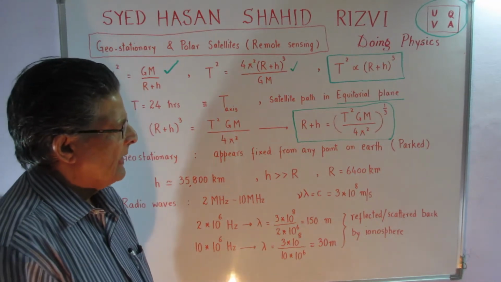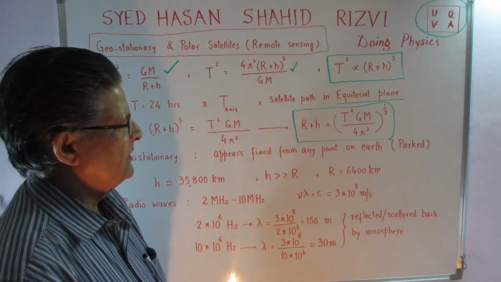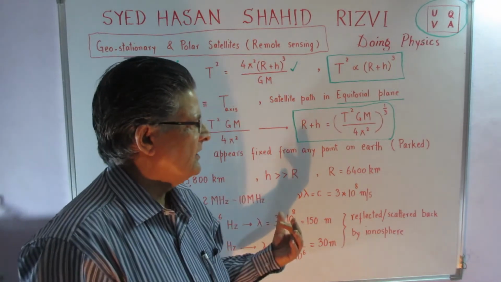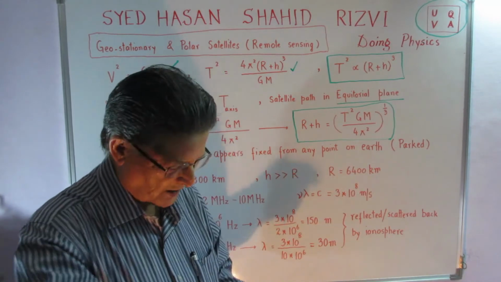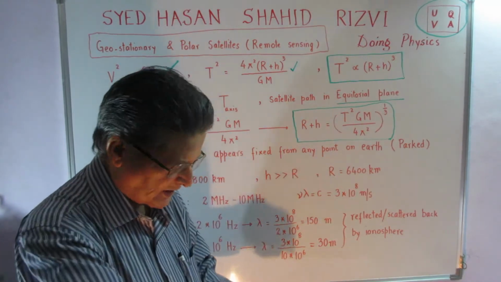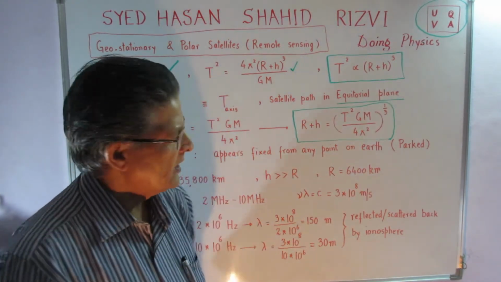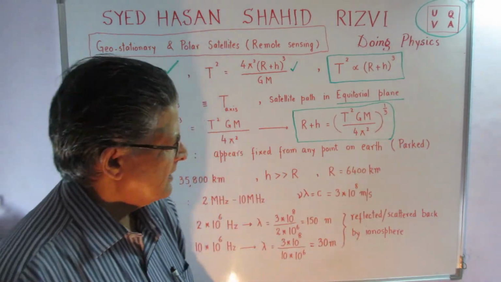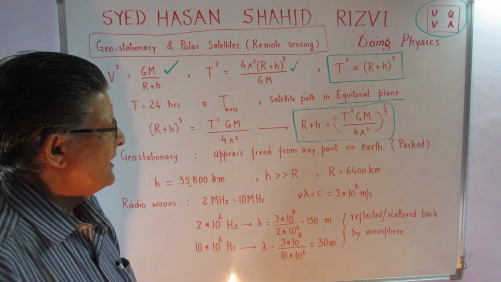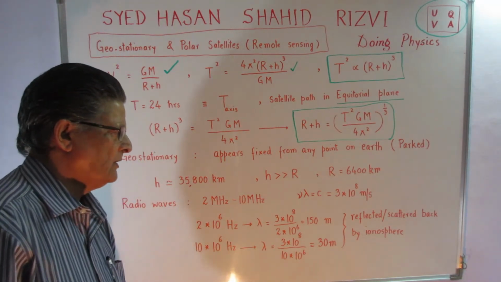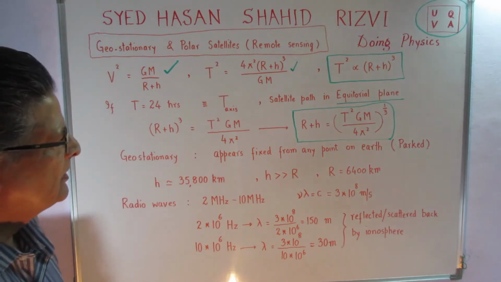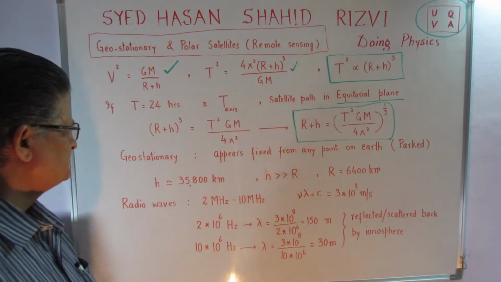And this satellite to an observer will appear, because the Earth is moving from west to east and this satellite is also moving in the same way, to be parked, stationed at a point on the equatorial plane of the Earth.